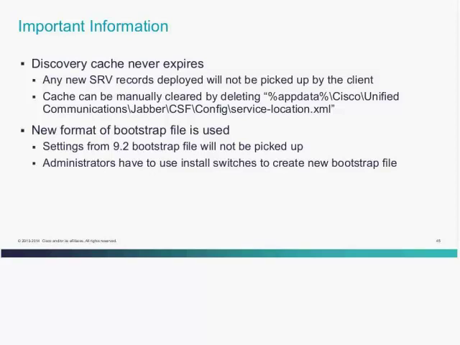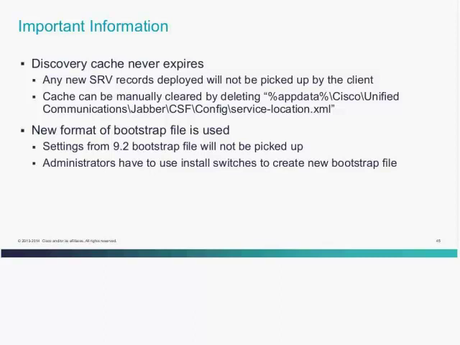Some of the important things to note for the Cisco Jabber client is that the discovery cache never expires. So if you have updated the domain name, or the SRV record needs to be resolved to a different server, or you have updated the FQDN of the servers which the SRV records need to be resolved to, you would need to clear the cache manually.